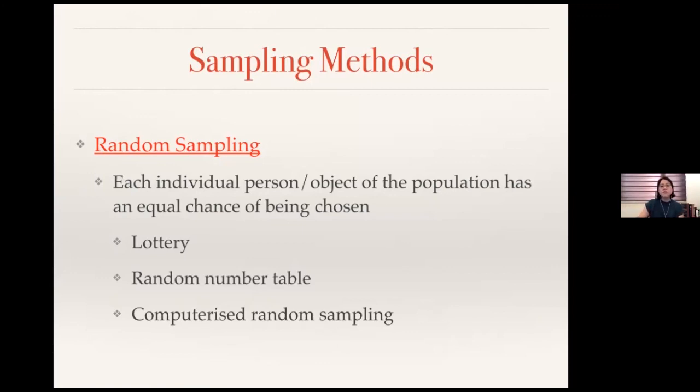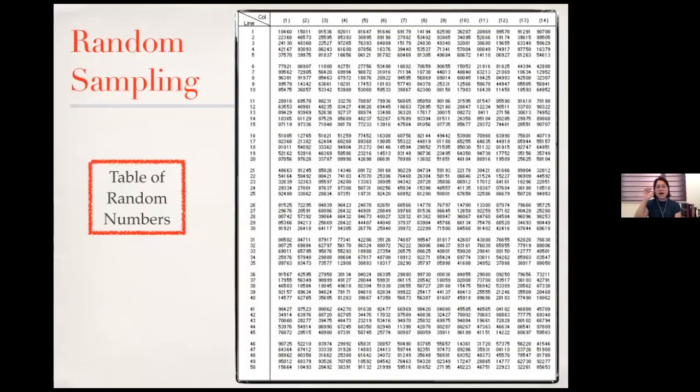So a random number table is like this. No? Nakakahilo siya. So what we do is you look at the row, the topmost row. So you have sets of numbers. And then you look at the column on the leftmost side. So you have from rows 1 all the way down to 50, no?